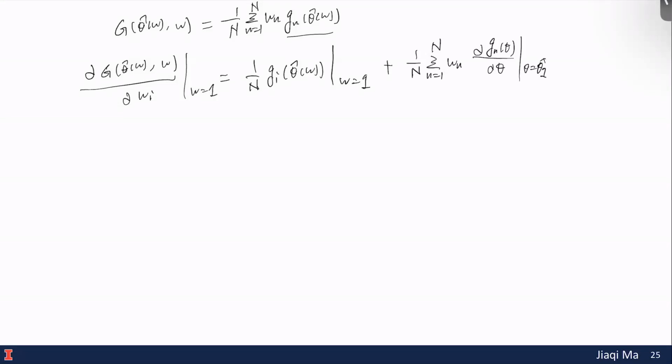This is the chain rule, and then the partial of theta hat(W) over partial Wi, evaluated at W equals 1. This can be simplified a little bit, because we can extract this term, so this will equal 1 over n times Gi.